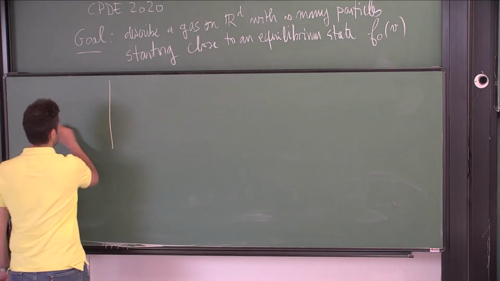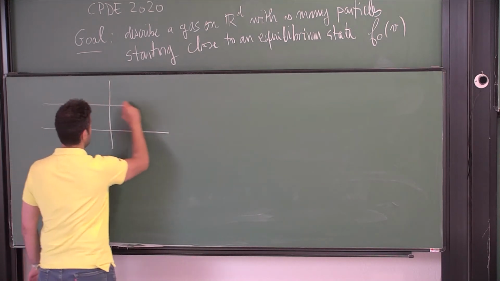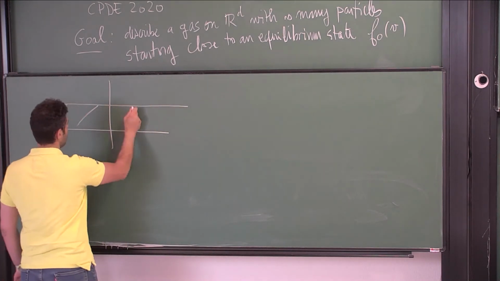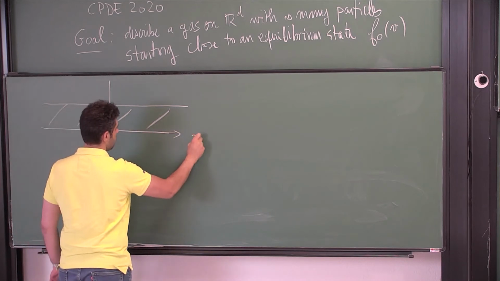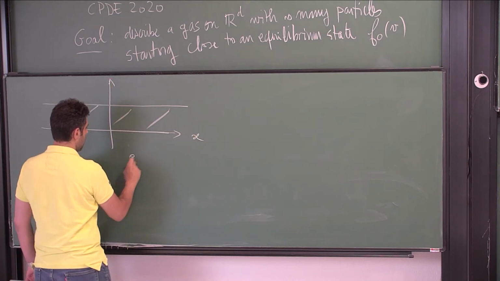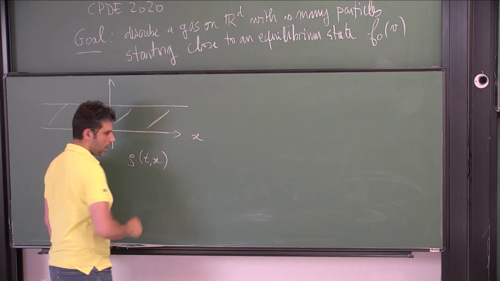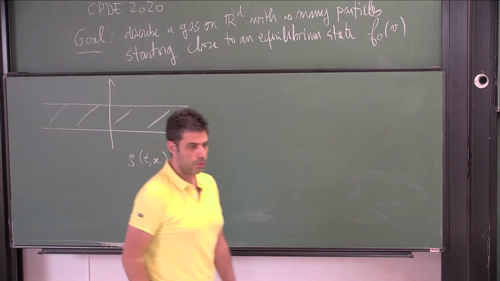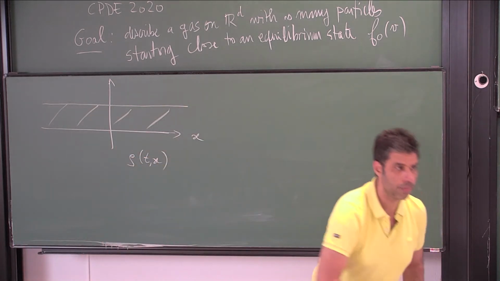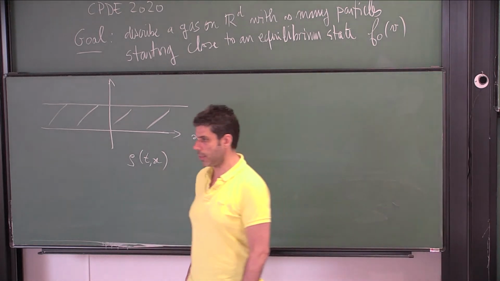So the picture is the following. We have this infinite gas, and I'm plotting the density of my gas. Here is x, and here is rho(t,x), which I am plotting. The equilibrium state, my uniform gas, will have a constant density everywhere.